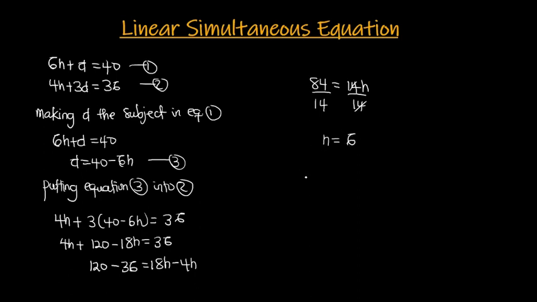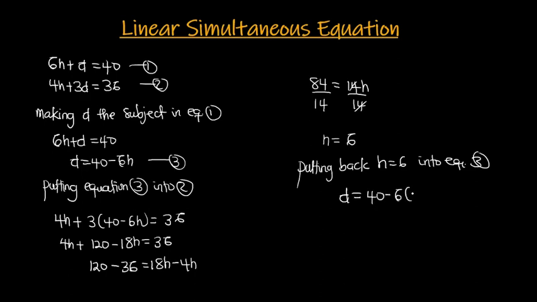Now that I have the value of h, I can substitute it into any of these equations, whether equation 1, 2, or 3, but I'm going to substitute it into equation 3 since it already has d as the subject. So putting h = 6 into equation 3, it means my d will be equal to 40 - 6 multiplied by 6 as the value of h.